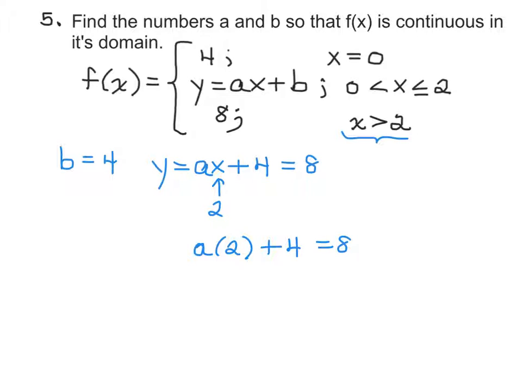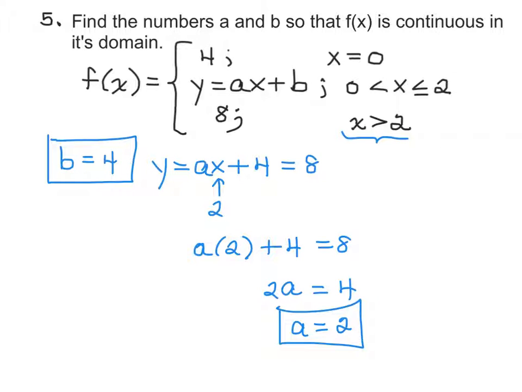If I subtract 4 from both sides, I have 2 times a is equal to 4, and divide by 2, a is 2. So here's my answer. If b is equal to 4 and a is equal to 2, for this function here, then our function f of x will be continuous.